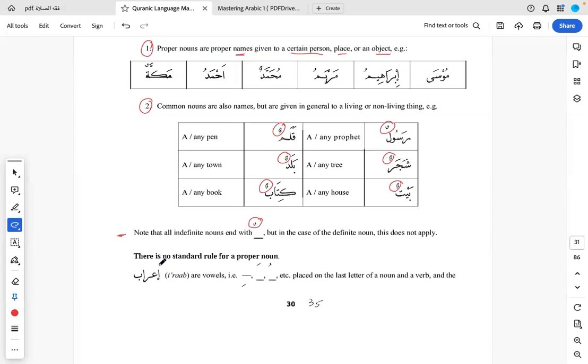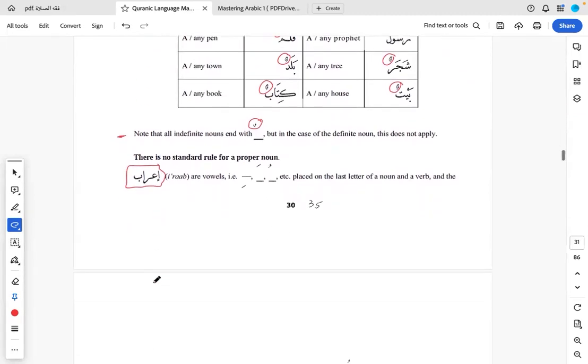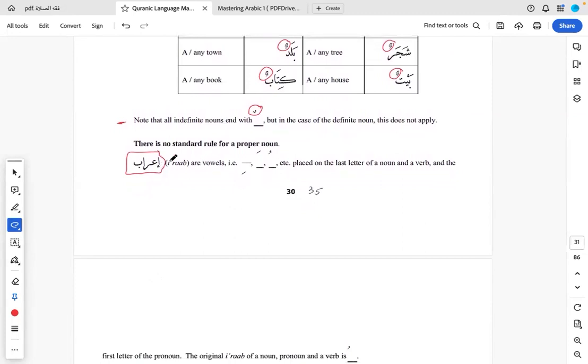Coming back here again, let us know about a very important concept that has to do with nouns, which is i'rab. I'rab, you might find it in books called the case ending. This is how it is translated into English in many of the English books that deal with Arabic grammar.